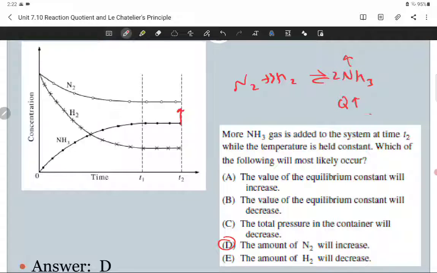So if Q gets bigger, reaction shifts to the left. So you would end up using up some of your ammonia and then making some H2 and making some N2. Okay, and those are not drawn to scale by any means there. So the only one that works out to that is D.